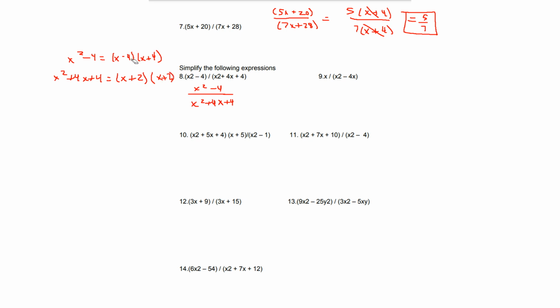Sorry, I messed up here, the top should be x minus 2 times x plus 2. So if you put them on the top and bottom, you'll notice that we have an x plus 2 on top and bottom. So we could get rid of that, and it will just become x minus 2 over x plus 2 for our answer.